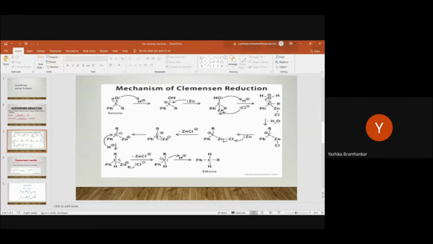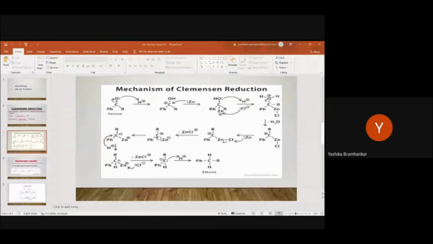Now, here oxygen will get a negative charge. Sir, how negative? See, which charge does oxygen have? Sir, I am explaining the fourth structure.